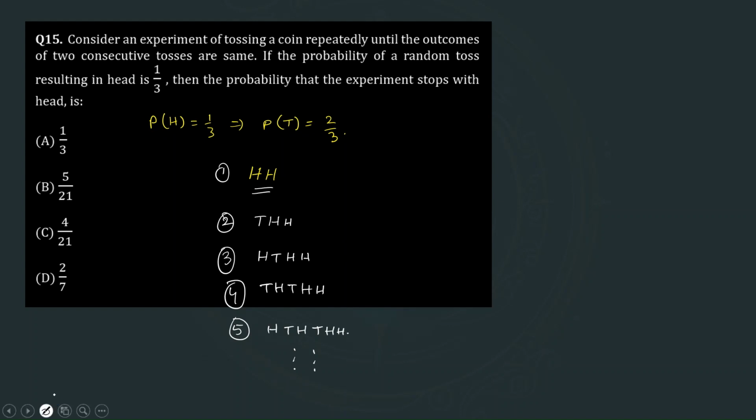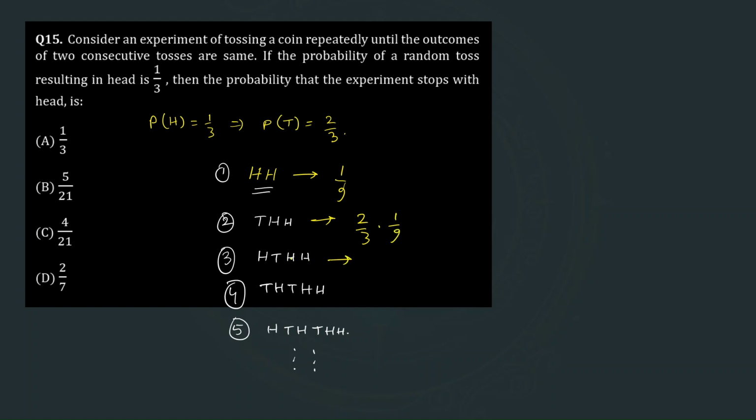Now let us consider the probabilities of all these combinations. So the probability of this will be 1 by 3 times 1 by 3. So 1 by 9. Similarly, the probability of this will be 2 by 3 times 1 by 3 times 1 by 3. So 2 by 3 times 1 by 9.